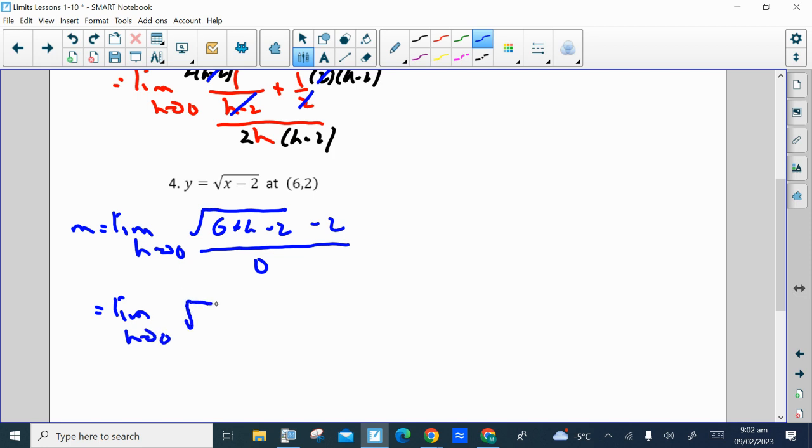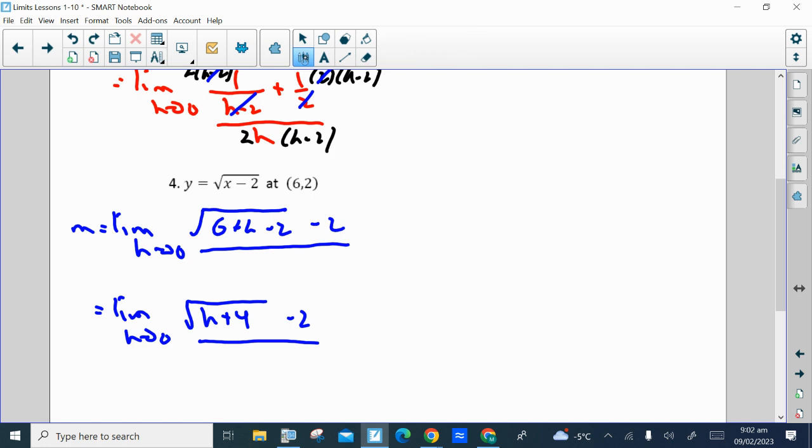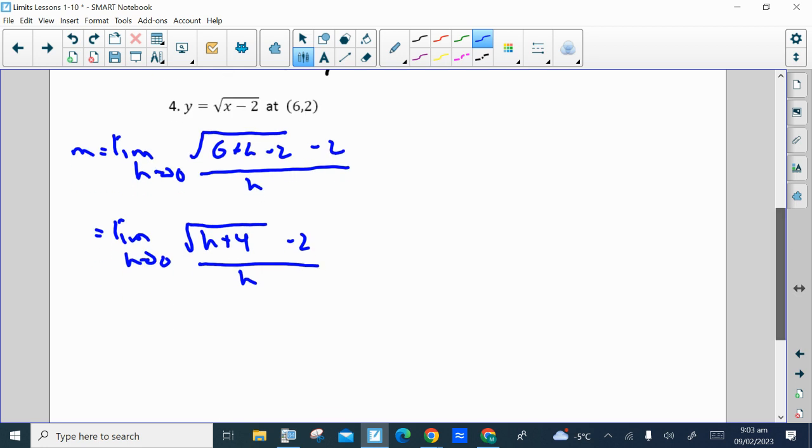So if I simplify inside the radical, it'll be h plus 4. Whoops, that should have been an h. And we need to get rid of that factor of h on the bottom. Once again, we would multiply top and bottom by the conjugate.